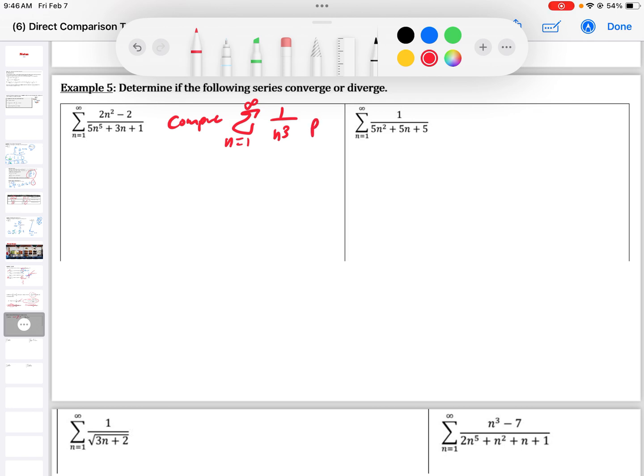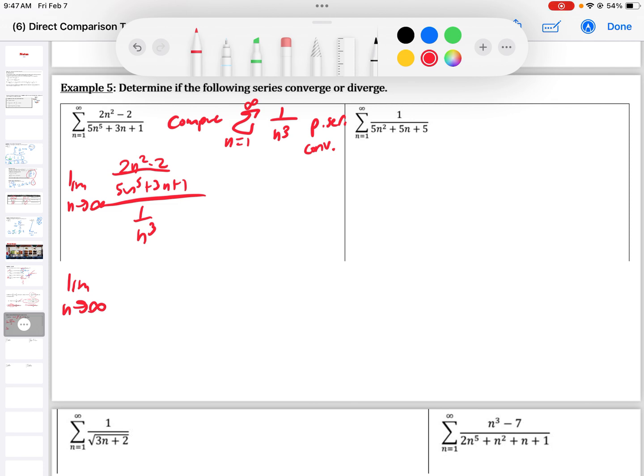So this thing is a p-series that converges because p is greater than 1. So I'm going to set my limit. My limit as n goes to infinity of the original one, and this could be flipped, it doesn't really matter, 3n plus 1 over 1 over n cubed. And I'm just looking at the limit.